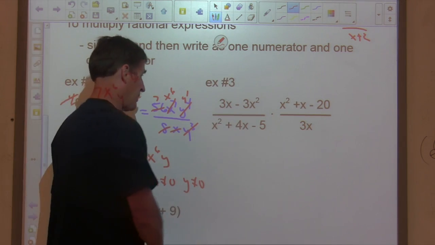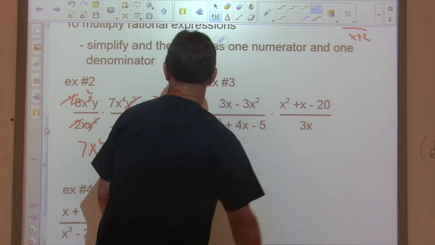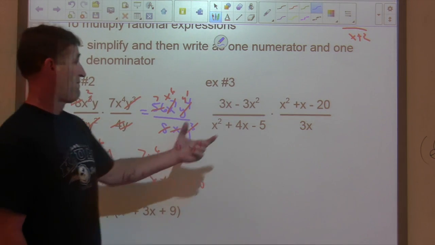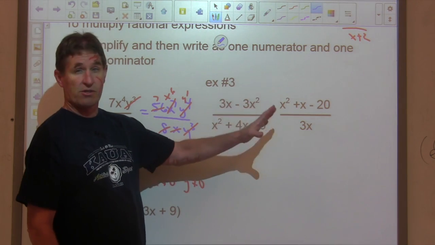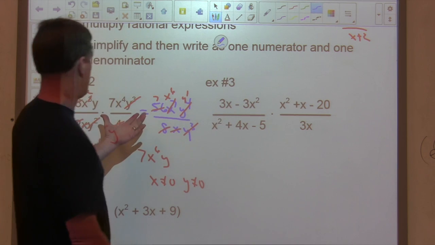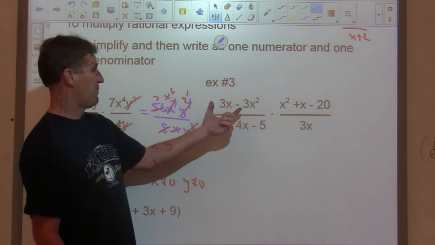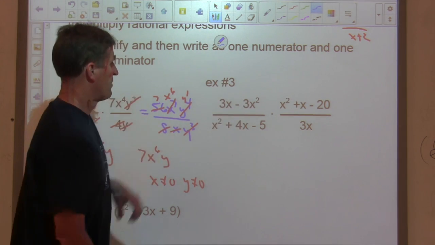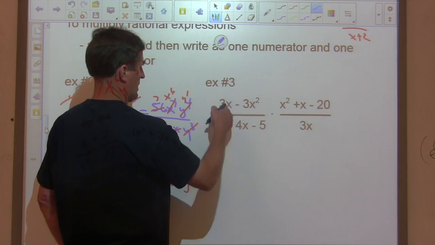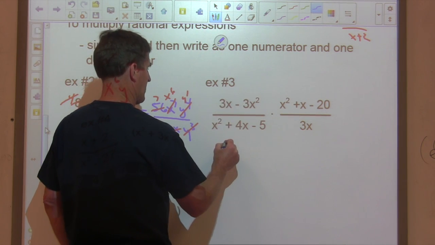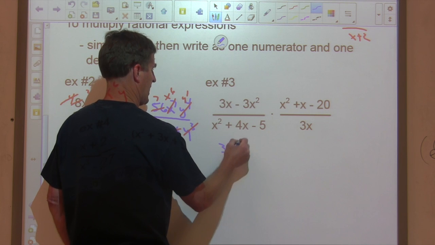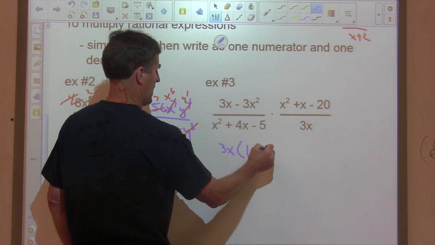So if we look at this one, remember what we're going to do is factor this first. This is why I like to do it this way, to make sure it's easier to work with. So I'm going to factor the top. I can pull a 3x out of that, and I get 1 minus x.